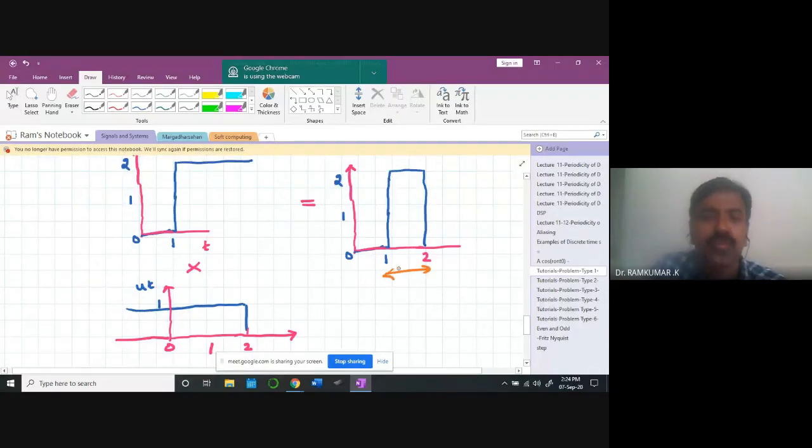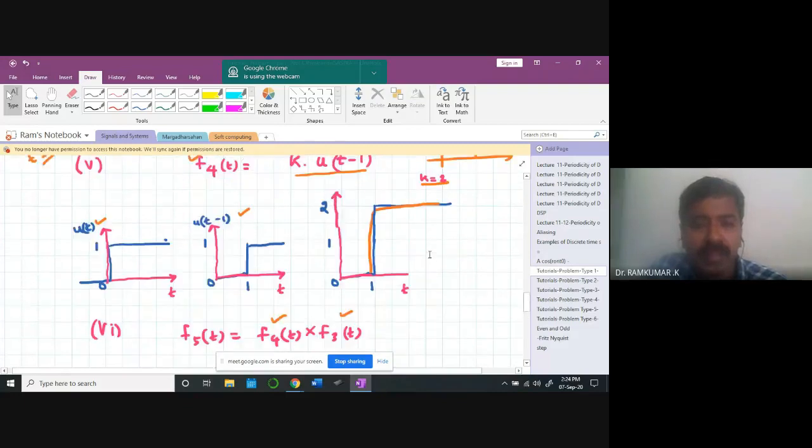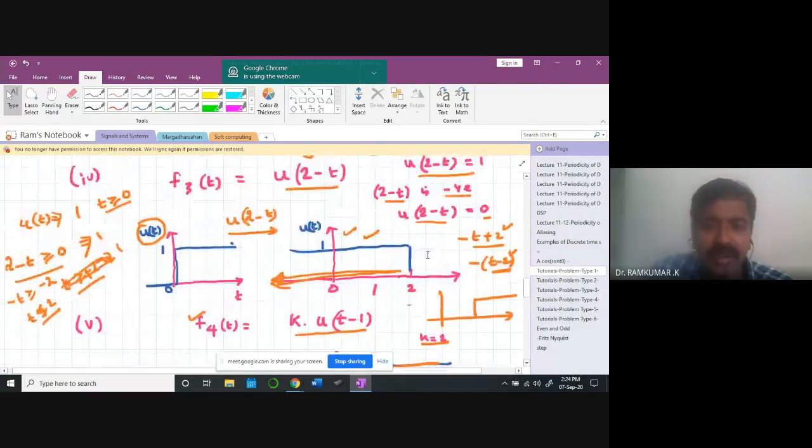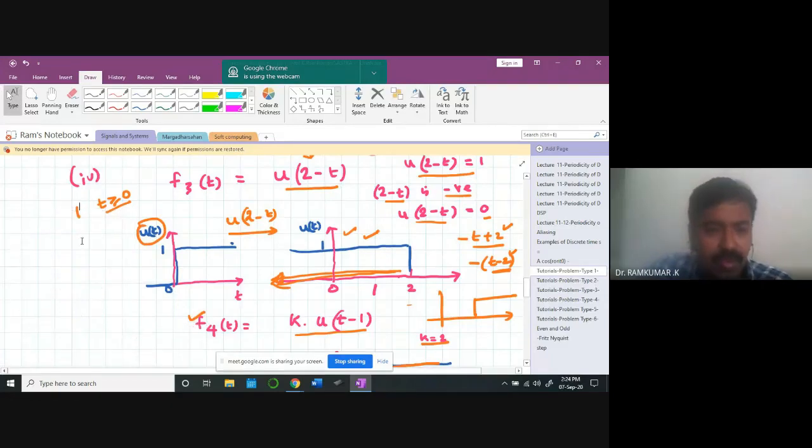Any difficulty so far? I think this part is clear. I think I made a little mess of it, so look at this case carefully. Easily you can understand, it's not a very difficult one.